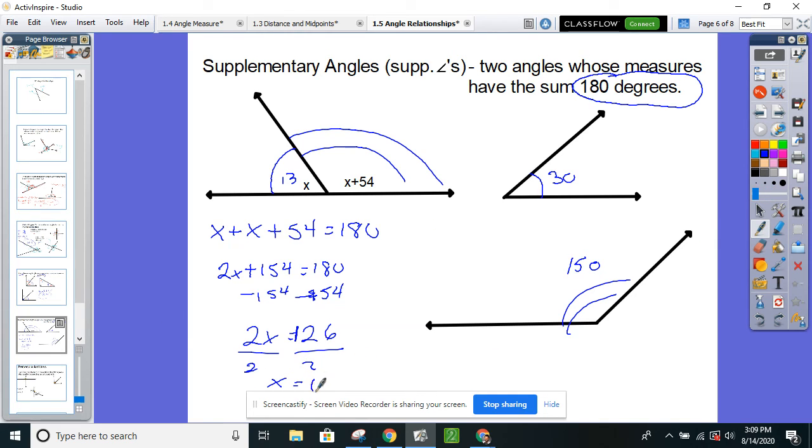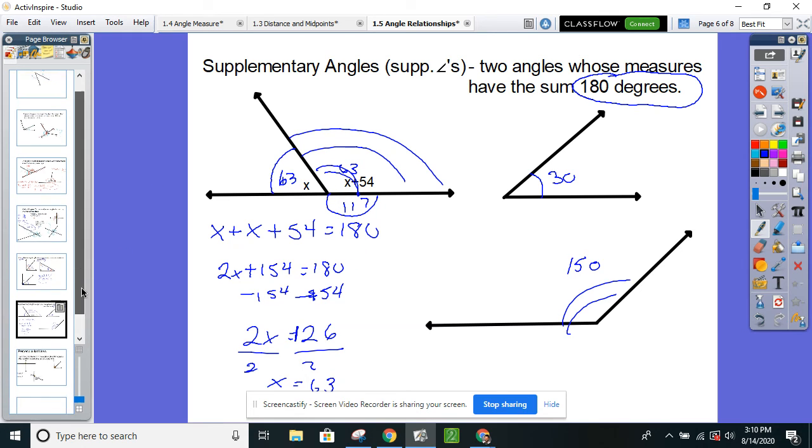Divide that, you get 63. That makes more sense. So this is 63. So 63 plus 54, what does that give us? 117. Yeah, you're right. 117 for this angle right here. Good job, y'all.